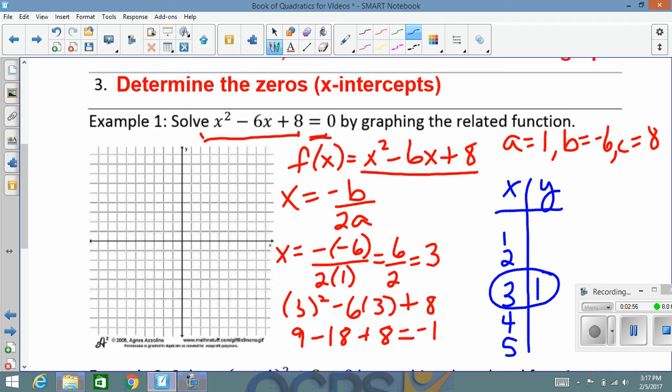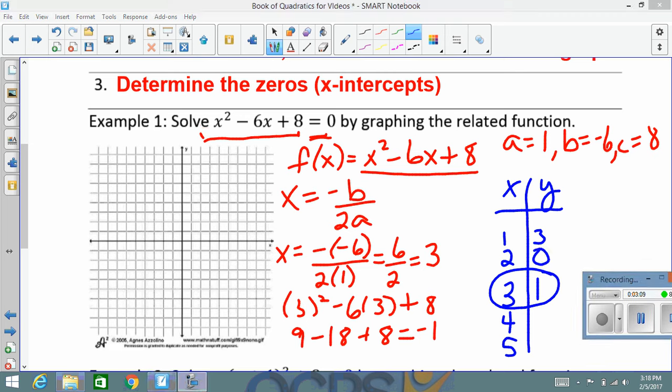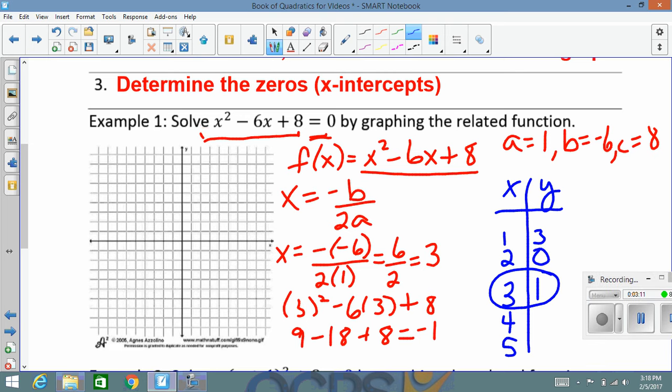And again, I've already done my arithmetic there, so I'm going to get 3. You can plug it in if you want to, if you don't trust me. When I plug in 2, I get 4 minus 12 plus 8, which is going to give me 0. Then I'm going to use my symmetry to get to the other side.